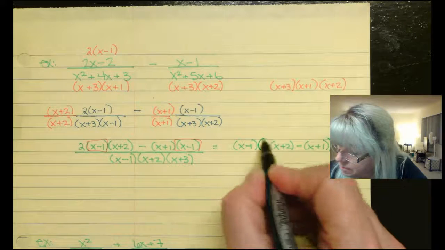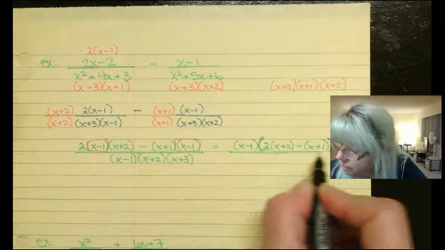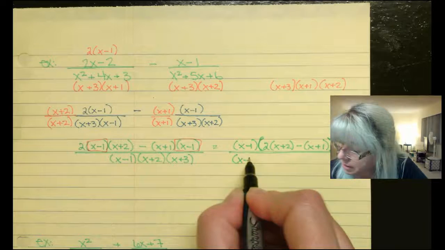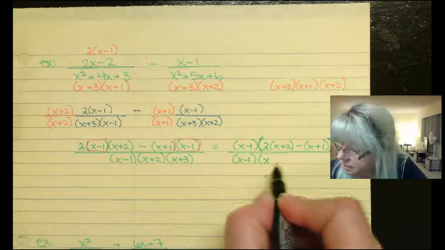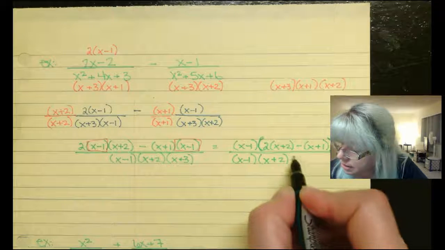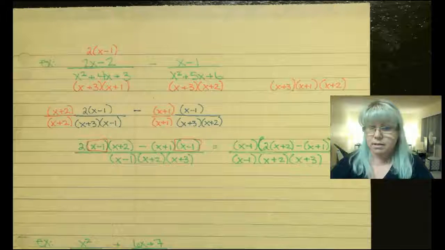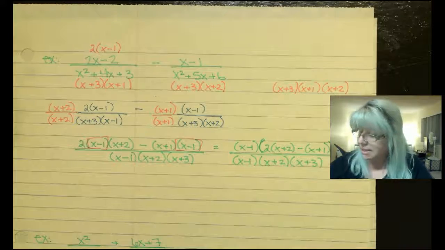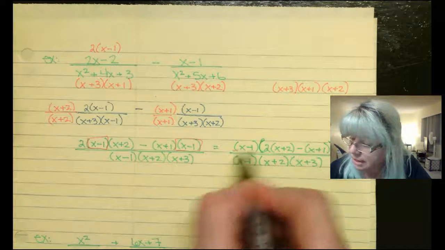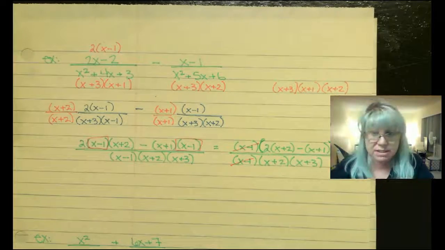That's a big parenthesis around there. All over x plus 1, x plus 2, x plus 3. Well, that simplifies things a little bit because look, the numerator has an x plus 1 and the denominator has an x plus 1.